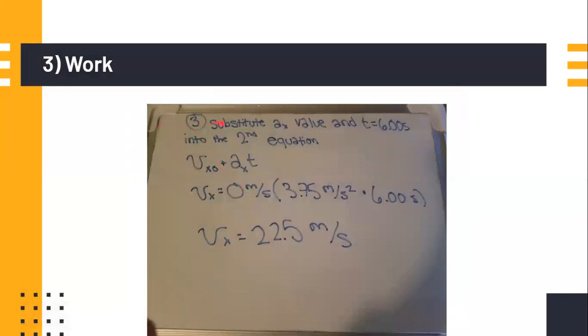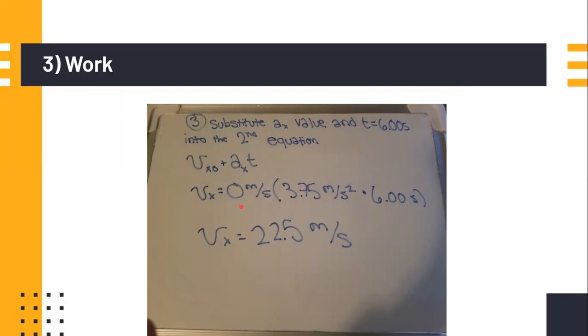Number 3, substitute the acceleration value and also t. We're going to have t equals 6 seconds. We're going to put that into our second equation, the kinematic time-dependent one. Velocity equals initial velocity plus acceleration times time. So we can plug in our known values.